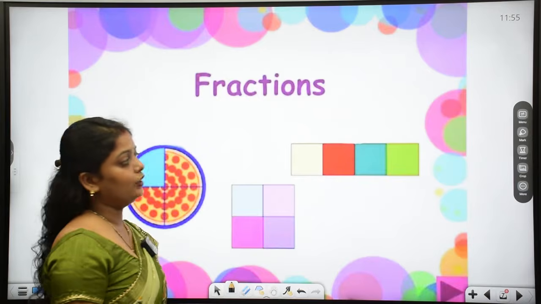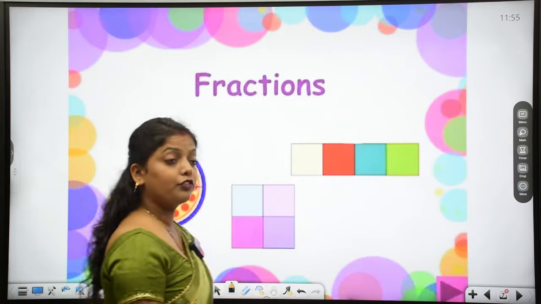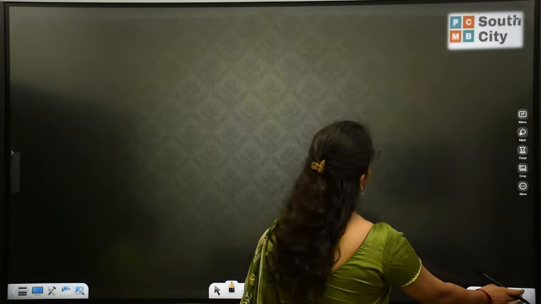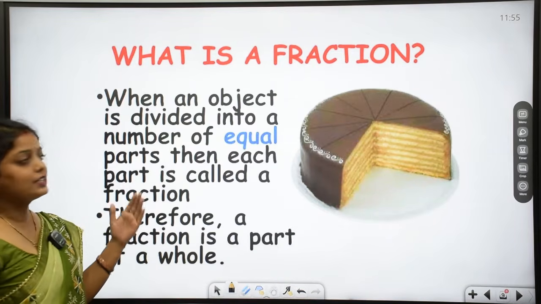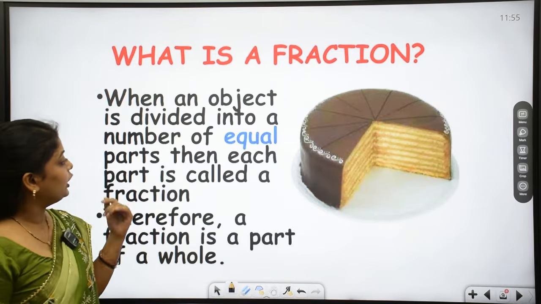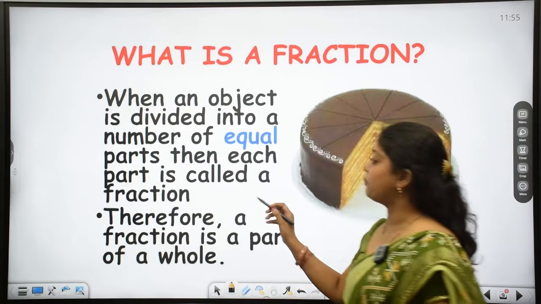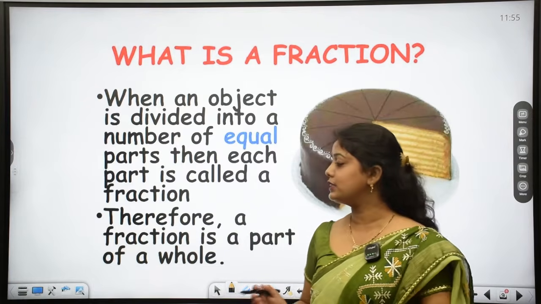First I'm going to tell you about fractions, that what is a fraction. When an object is divided into a number of equal parts, then each part is called a fraction.